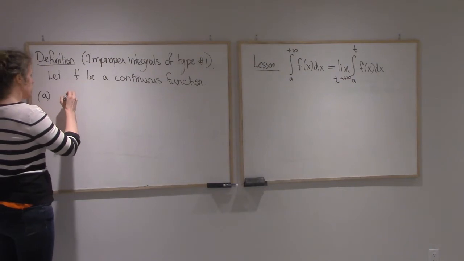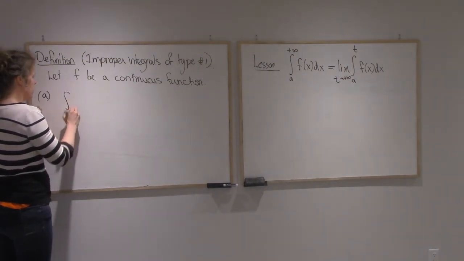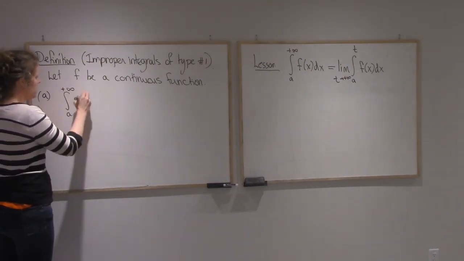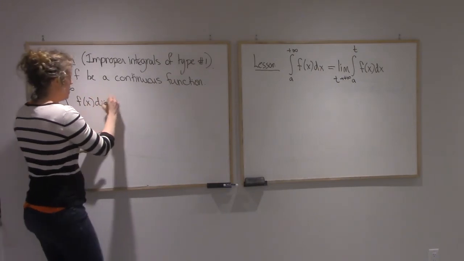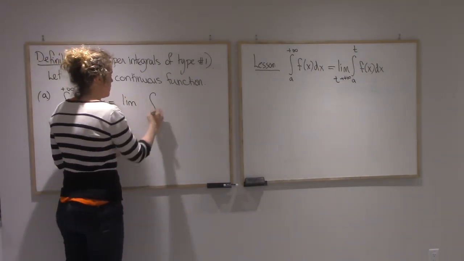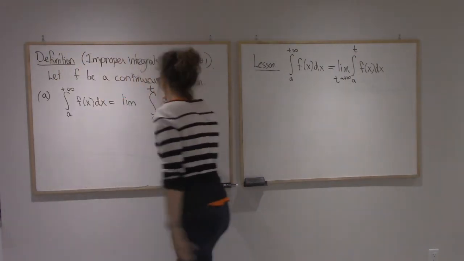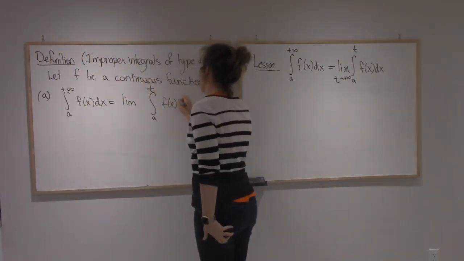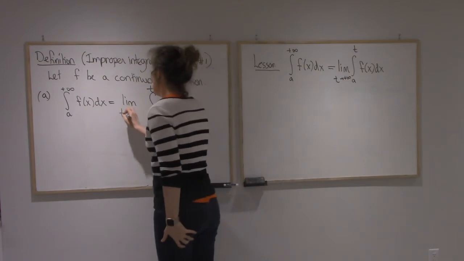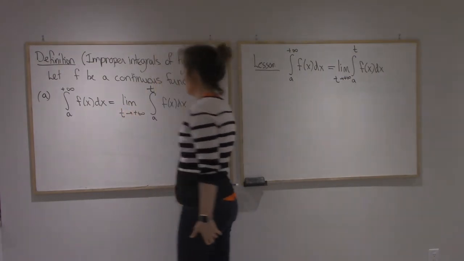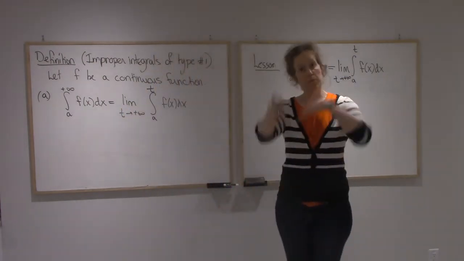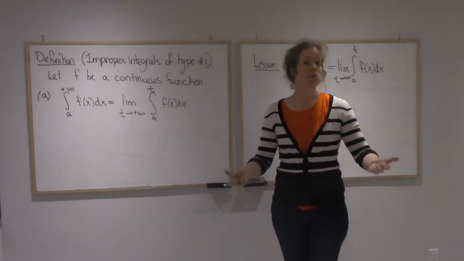Then the integral from a to positive infinity is going to be the limit. I'm going to change that infinity bound to a t, as t goes to positive infinity. So if the bottom bound is minus infinity, I'm going to do a similar thing.